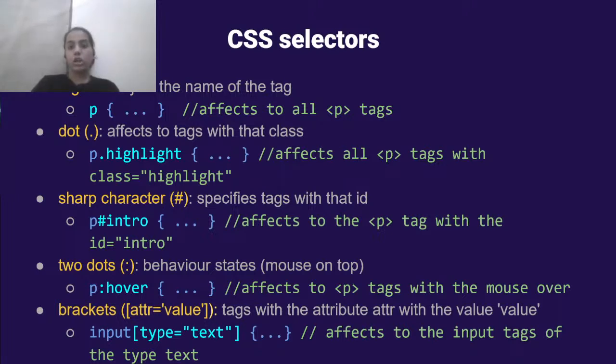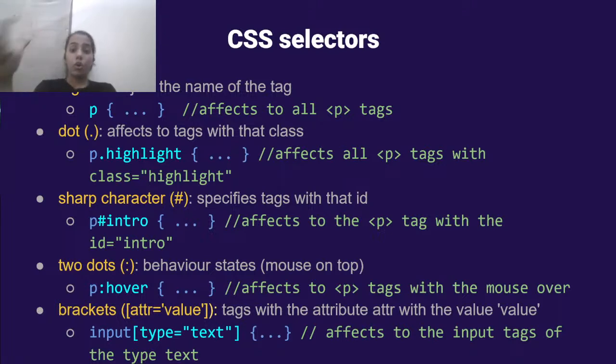Next, let's talk about some more CSS selectors. As discussed earlier, for just the tag name, if we want to change all the P tags, we simply use P, open the curly brackets, write all the changes we want, and close the curly brackets. Dot affects the tags with that specific class name. So, P dot class name, open the curly brackets and close the curly brackets.